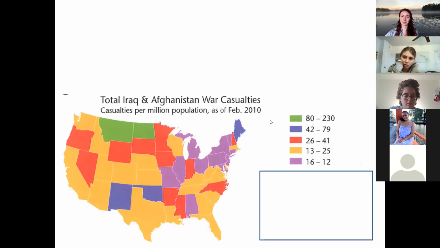What do you think of this map? Is having different colors for these different values a good way to represent the data?